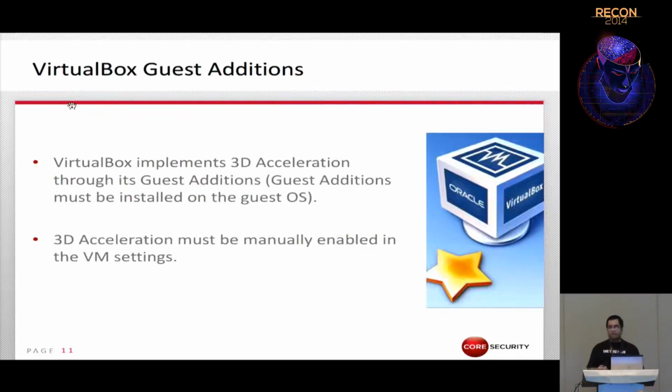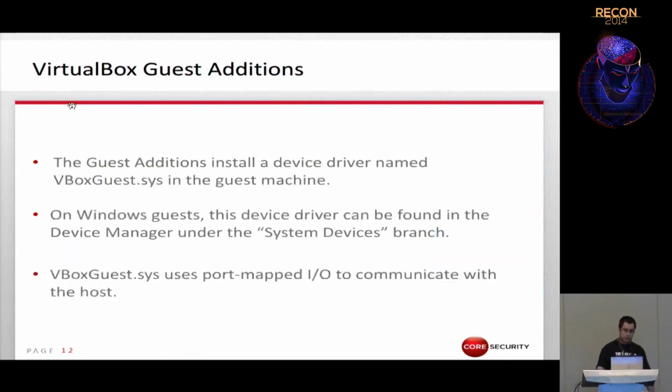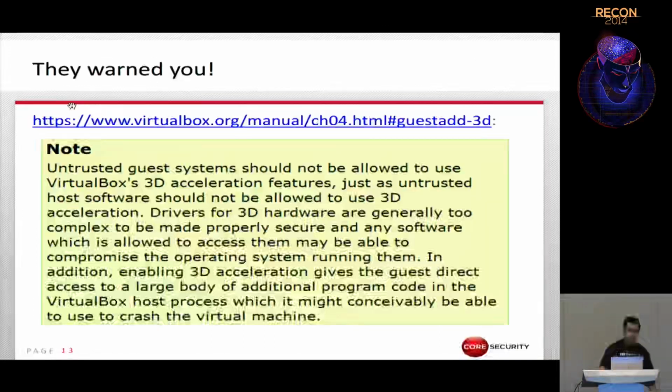The implementation of the 3D acceleration feature depends on the VirtualBox guest additions, which are a set of tools that you can install on a guest in order to improve its usability. Also, this feature must be manually enabled. When you install the guest additions into a guest system, you are installing a driver called VBoxGuest, which uses port-mapped input-output in order to communicate with the host.